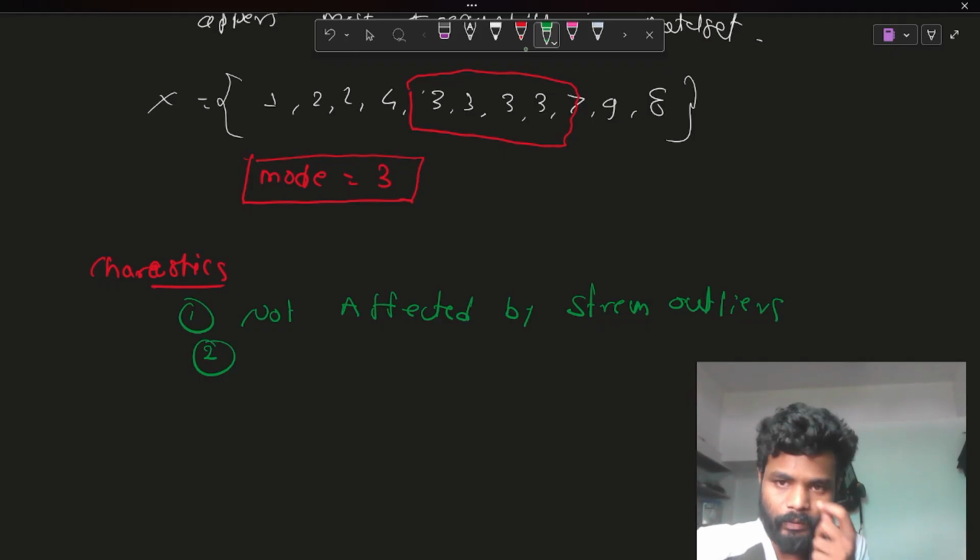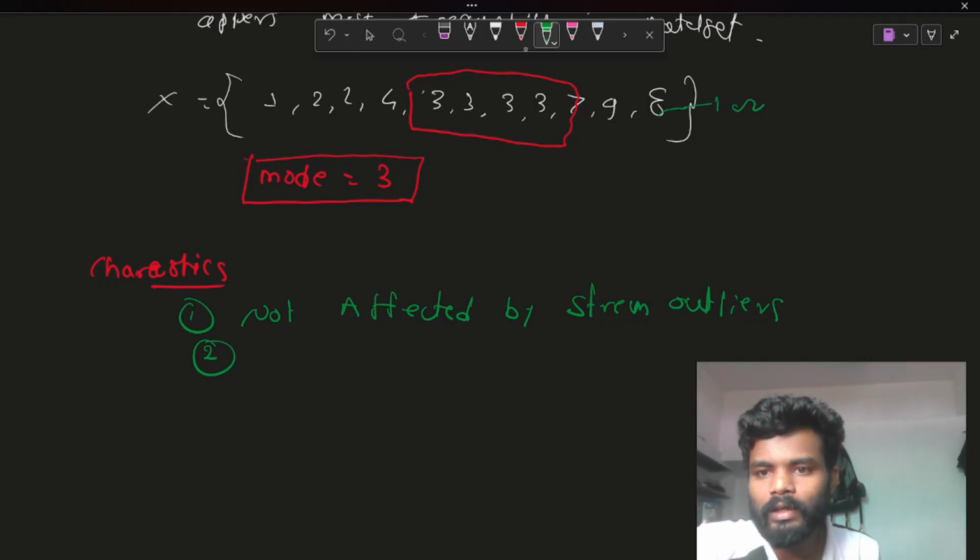When you add an outlier value of 100, the most frequent value is still 3. So however large the outlier is, it does not affect the mode value of 3.